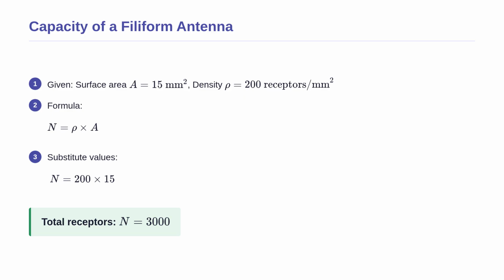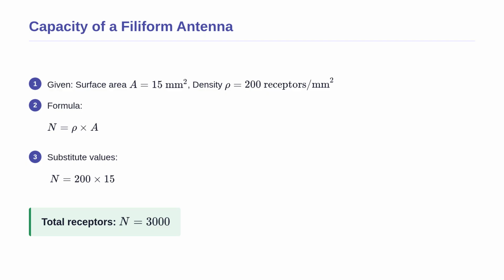Let us apply this formula to a real-world example. We will calculate the sensory capacity of a basic filiform, or thread-like antenna found on a cockroach. We are given that the antenna has a total surface area of 15 square millimeters, and entomologists have measured the receptor density to be 200 receptors per square millimeter.